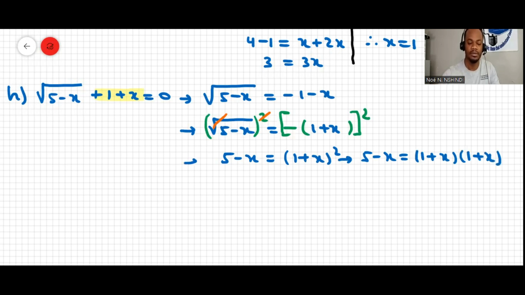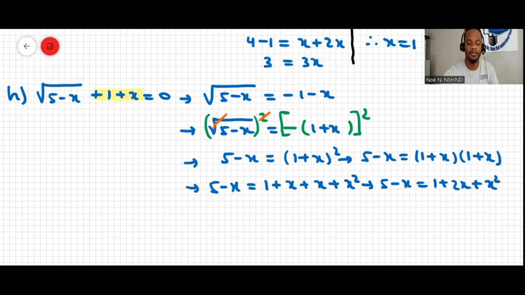And then it means 5 minus x equal to 1 times 1 is 1, 1 times x is x, and then x times 1 is x, and then x times x is x squared. And now this makes 5 minus x equal to 1 plus 2x plus x squared.